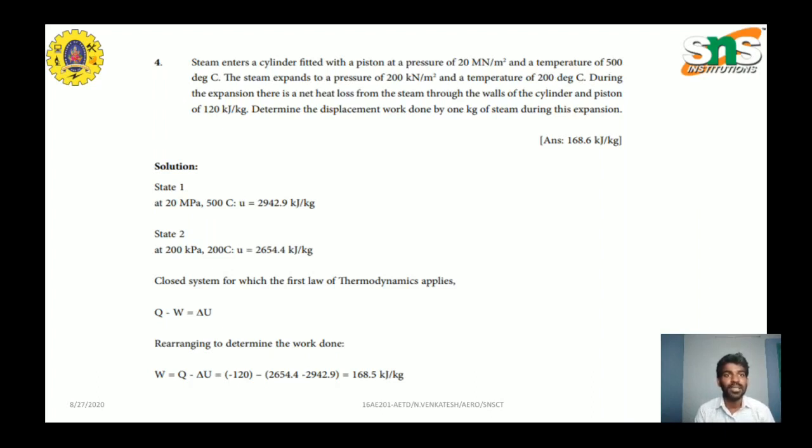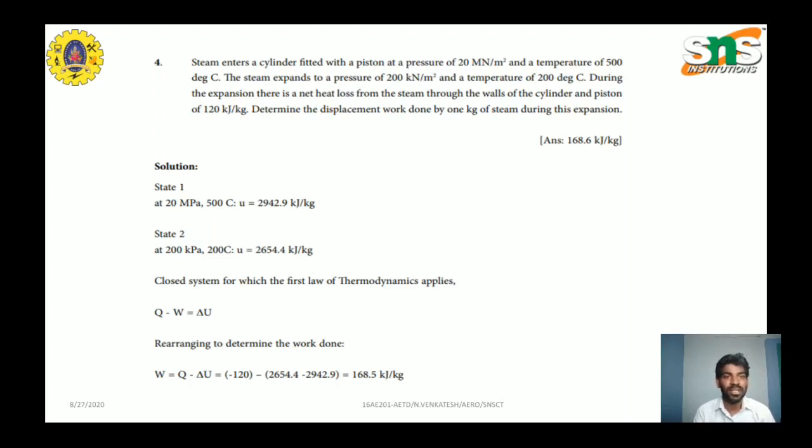In this problem, the given data are: pressure 20 MN/m² and temperature 500 degrees Celsius at the entry state, and pressure 200 kN/m² and temperature 200 degrees Celsius at the exit state. In this solution, state 1 is considered the entry section and state 2 the exit section. These are the values of state 1 and state 2.